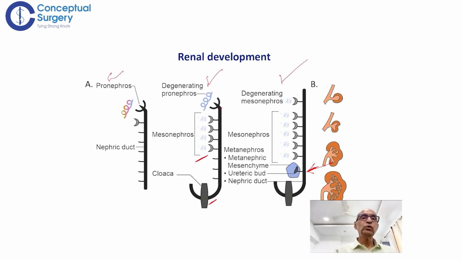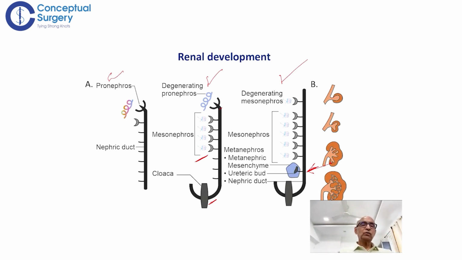So the pronephros starts off in the cervical region and goes up to the thoracic region. The nephric duct, as well as the tubules which the pronephros develops, around the 4th week of gestation, totally disappear. So therefore, we can leave it at that.